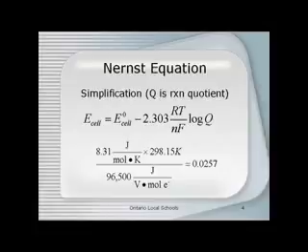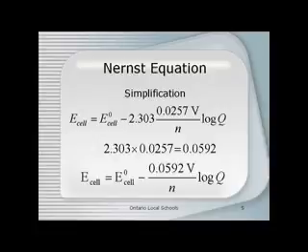The other simplification here is we take our RT over F, that's the 8.31 joules per mole times Kelvin times 298.15 Kelvin, divide that by 96,500 joules per volt times mole of electrons, and what we get is a value of 0.0257, and that number will help us immensely in terms of our simplification of this equation, as you'll see on the next slide.